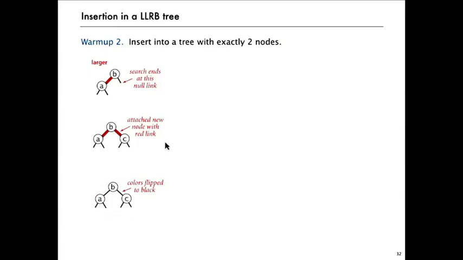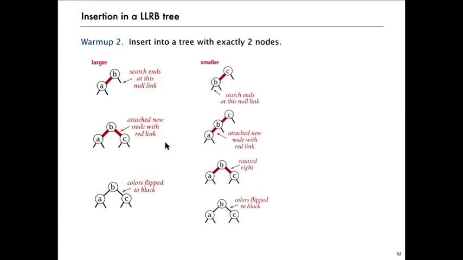But let's look at the other 2 cases, and understanding these is crucial to understanding the whole algorithm. Let's say the new key is smaller than both of the keys in our 3 node. We attach a new link at the left of the smaller node, and now we've got a fine BST, but it has 2 red links in a row. And that's something that's not allowed. So what we're going to do is rotate the top link to the right.